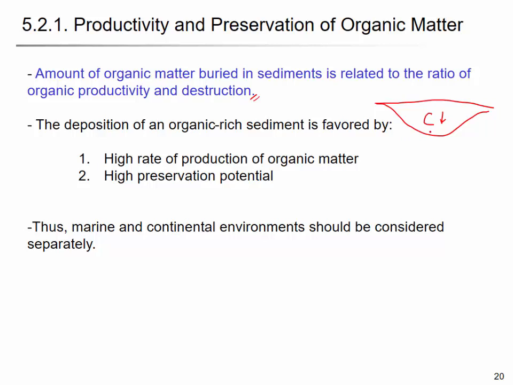So the carbon will be deposited, right, in the lake. So this is the lake. And you have a sediment coming, keep coming. Right? And this sedimentation rate should be high enough to preserve the organic matter. And at some point, the depth of this area becomes deeper, and the temperature is proper to transform to the hydrocarbon.